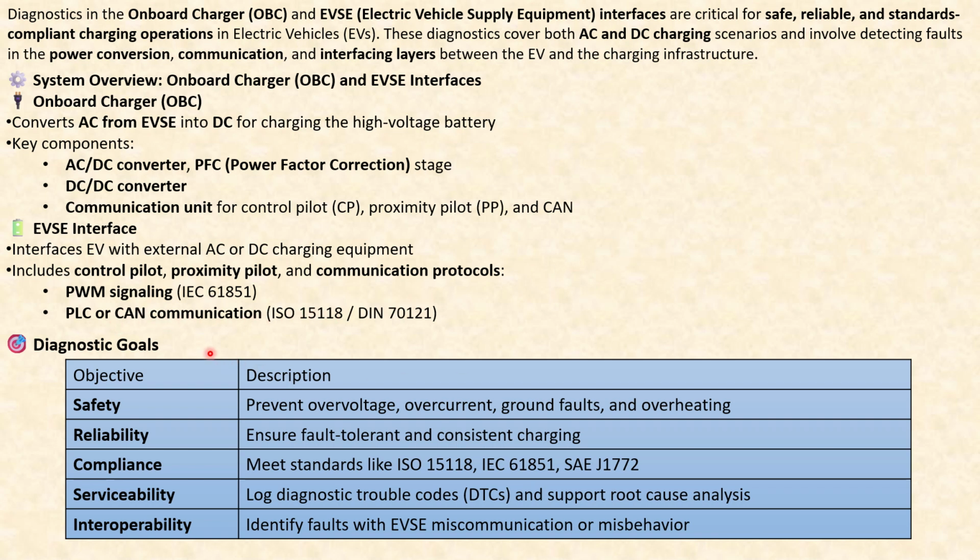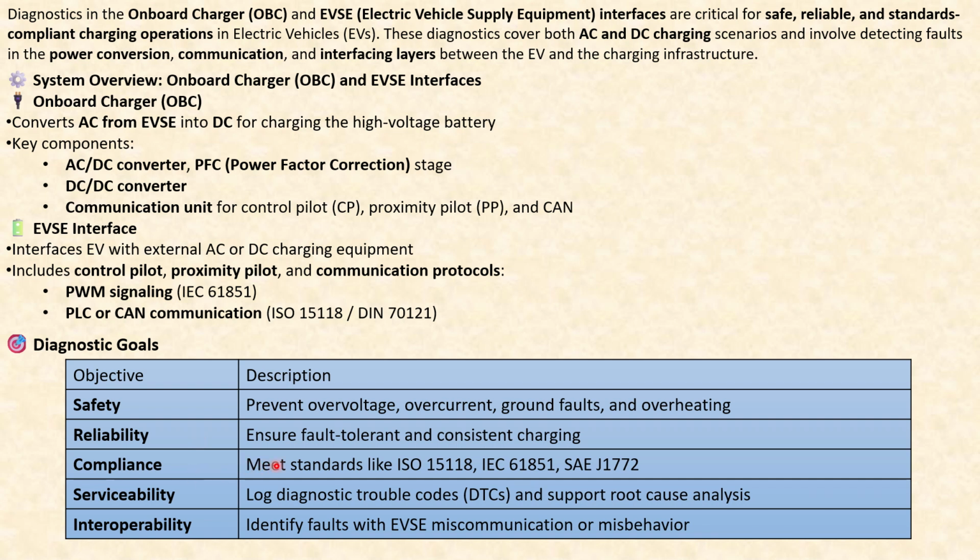Now, talking about the diagnostic goals, what are the main goals? First is safety. By safety, you mean preventing over voltage, over current, ground faults, and overheating. When it comes to reliability, ensure fault tolerant and consistent charging.